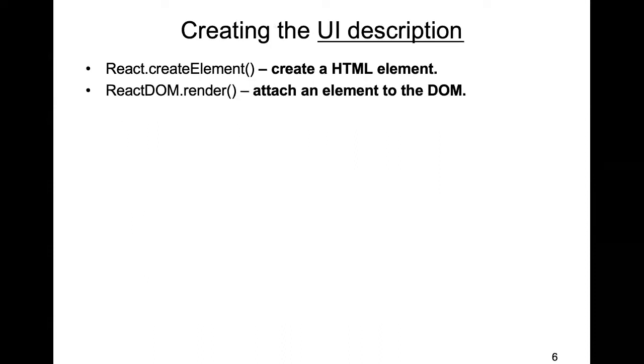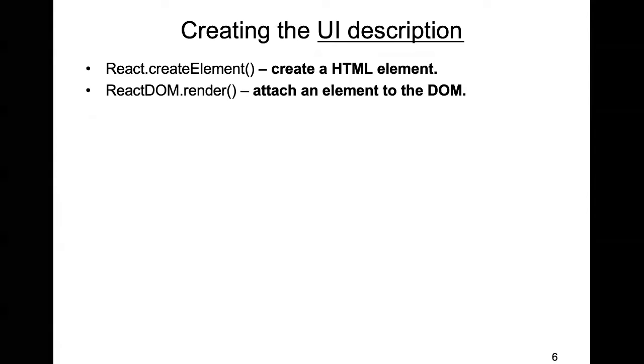Now, if we really boil it down to first principles, and it sounds overly simplified, there are really only two methods that you use to develop a user interface using React. By the way, the React framework is broken up into a number of modules. One module is called React, another module is called React DOM, and there are a few others as well, although these are the only two we will use.